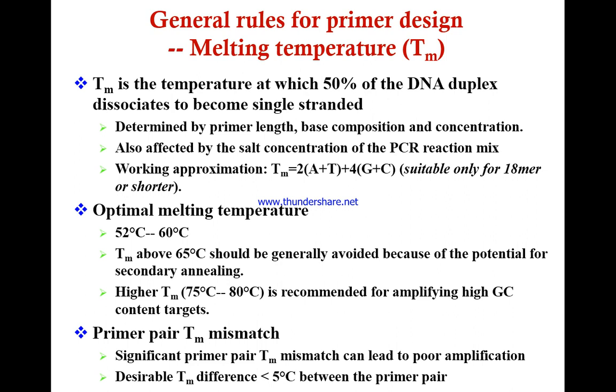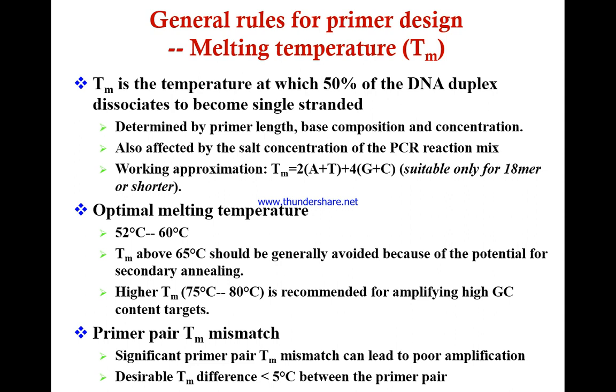As a working approximation, Tm can be calculated by this formula: Tm = 2(A+T) + 4(G+C), suitable only if the primer is 18-mer or shorter.